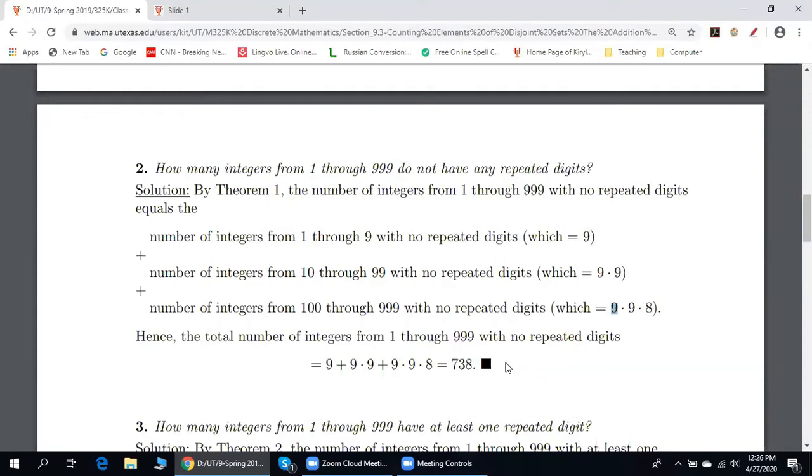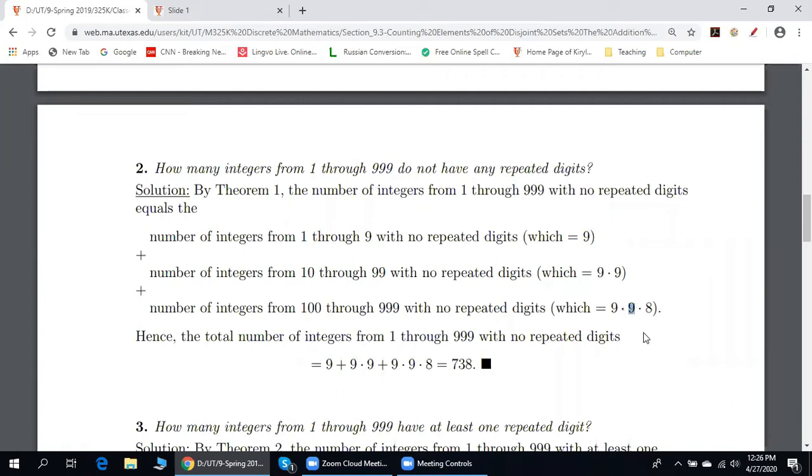Remember, we are talking about 3-digit numbers. A 3-digit number cannot start from 0. Therefore, for position number 1, we have only 9 possibilities from 1 to 9.